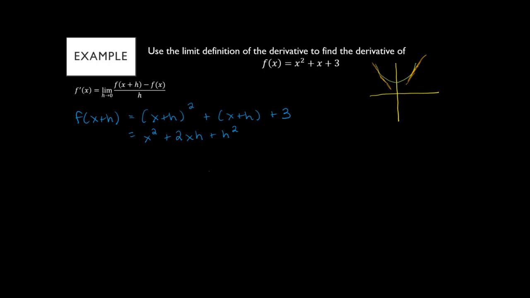We square these things quite a lot, so you kind of memorize what it's going to be, because when you're finding derivatives of things squared, you do this a lot. Then I have my plus x plus h plus 3. And there are currently no like terms, so that is the whole thing that we're going to be plugging into our definition of the derivative.